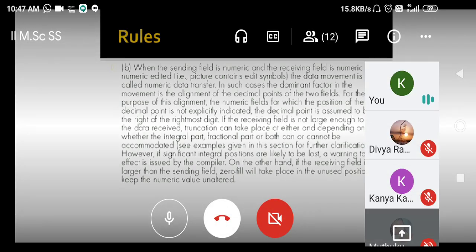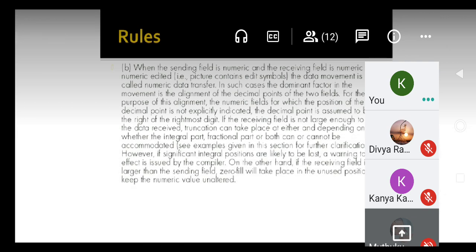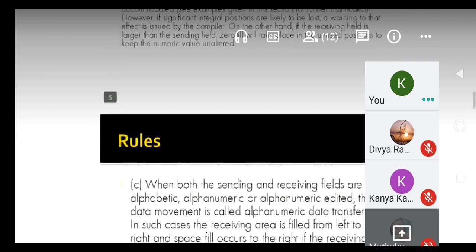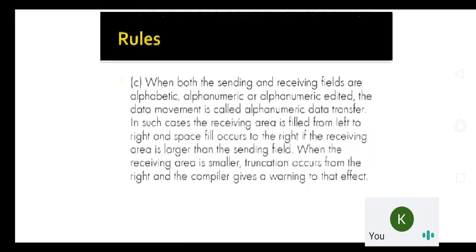Move to next slide please. And then you have one more rule. This is another rule that we have: when both the sending field and receiving field are alphabetic, alphanumeric, or alphanumeric edited, we call this type of data transfer an alphanumeric data transfer.